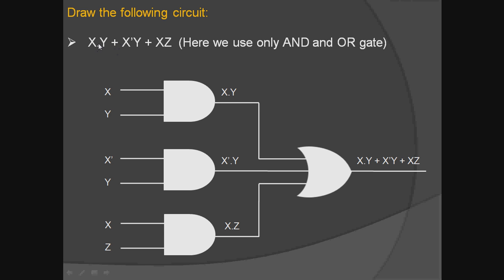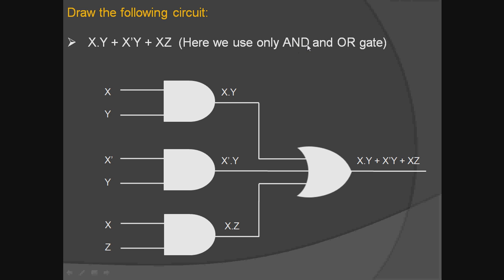So as you can see here, x and y, or x and y, or x complement y, or x and z.